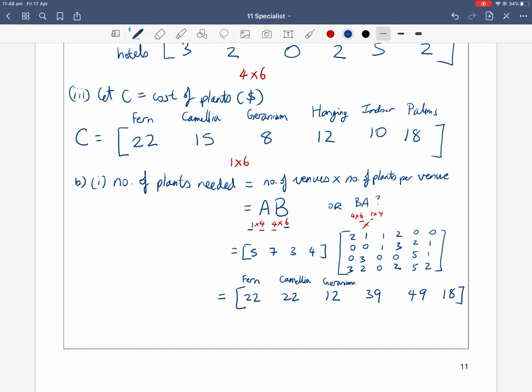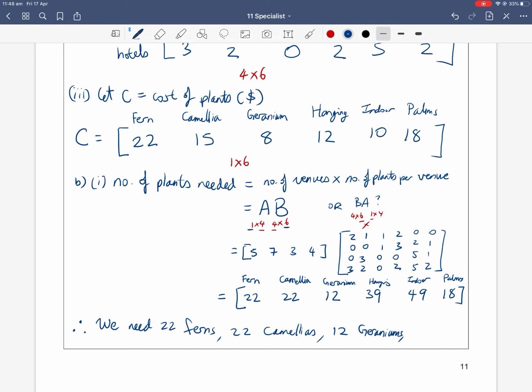So the third order was geranium, then it was hanging, then it was indoor, and then it was palms. So using matrix multiplication, we can work out, therefore, sentence conclusion, we need 22 ferns. We need 22 camellias.